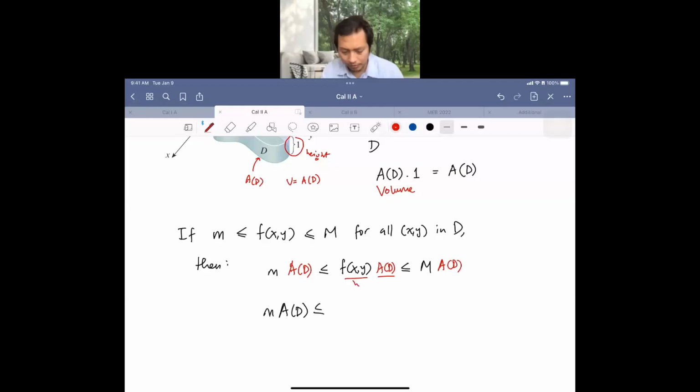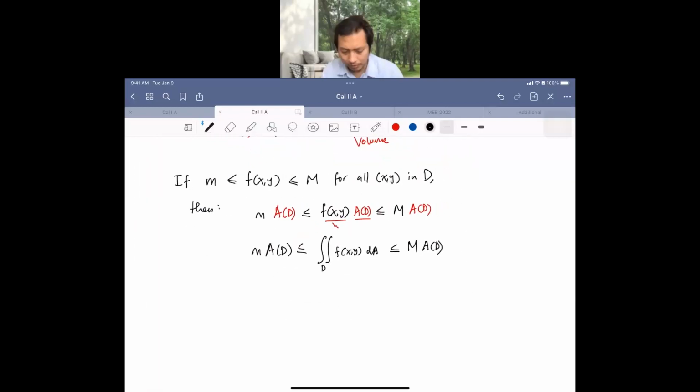Area times height, if the height is just a constant, then this is precisely what we can write as the double integral of f(x, y) dA, and then it is less than or equal to capital M times the area of D. So what's really happening here, and how do we apply this inequality?